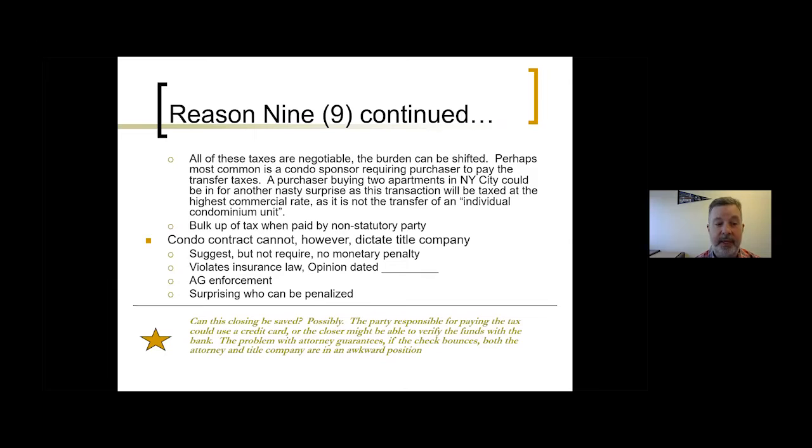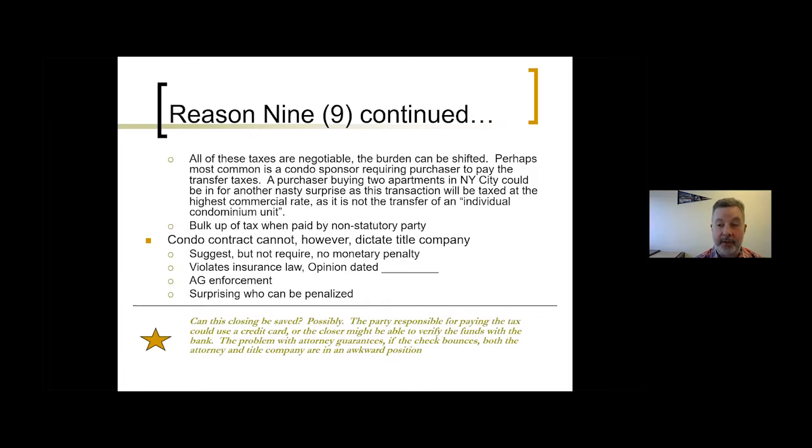When the buyer pays transfer tax for the seller, since it's not their responsibility, the payment of that tax is considered consideration under the contract. So they're going to add the transfer tax in and make it part of the consideration, and it's going to be higher.